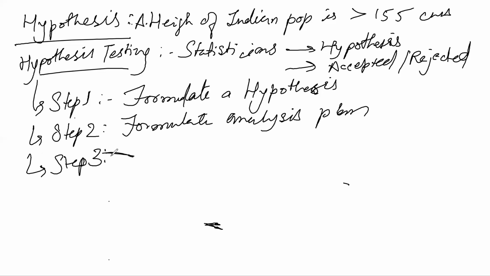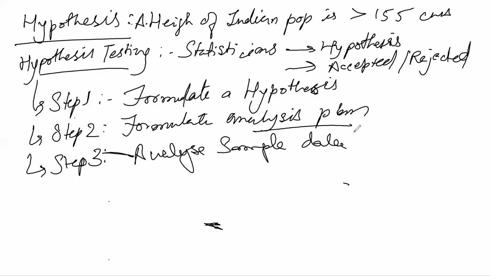And now coming to step 3, analyze sample data, right? So I was talking about first the plan, like how we are going to do this. Then you analyze the sample data. Once you got the data in step 2, you can analyze it, so you'll make all the calculations, whatever plan you made.